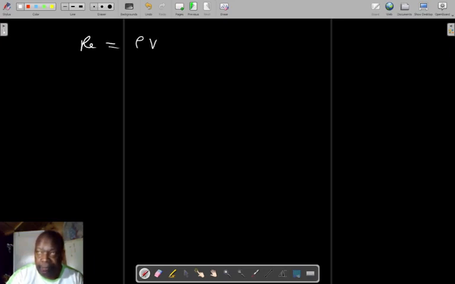So we can now look at the solution. And the solution is, first, let us look at the Reynolds number, which is rho V D divided by mu.